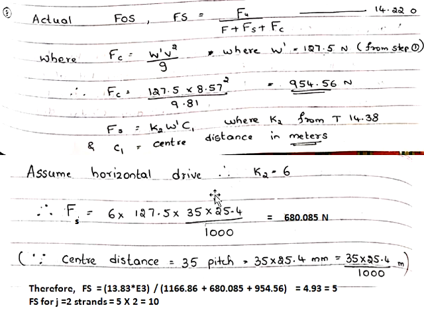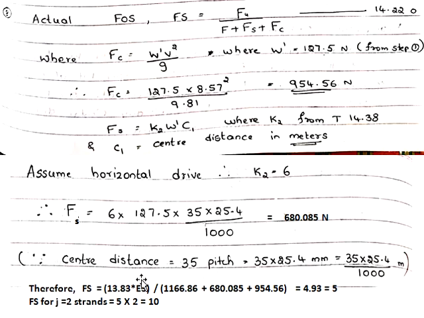So the actual center distance will be 35 into the pitch value, which is 25.4. But here C1 should be in meters, so divide by 1000 and substitute in the Fs equation, you will get Fs as 680.085 Newton.